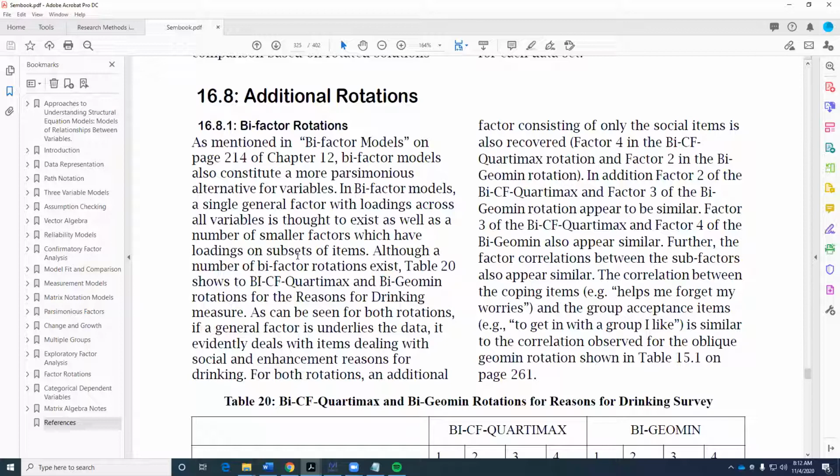To give some examples that are not psychopathology, sometimes when you're writing an achievement test for a class, or a survey where people are supposed to reason through different scenarios, a bifactor rotation might be helpful.